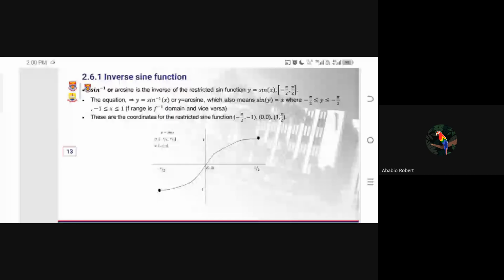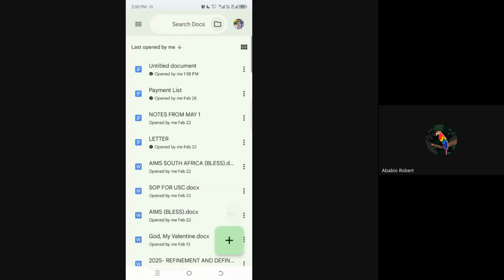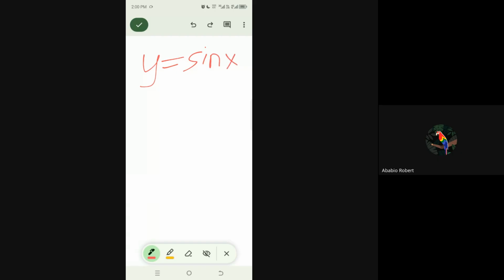So I want to show you something like how we did it with other functions. So you have y is equal to sine x. Now I want to find the inverse.